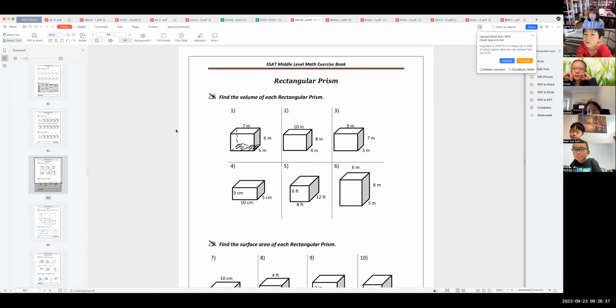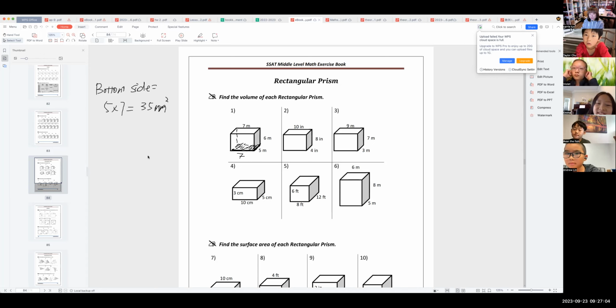So first of all, Andrew, can you tell me what is the area of the bottom side? Yeah, you didn't turn on the mic. I cannot hear you. 5 times 7. Very good, because this side is 5, this side is 7. So it's 5 times 7 equals 35 meters squared, right?